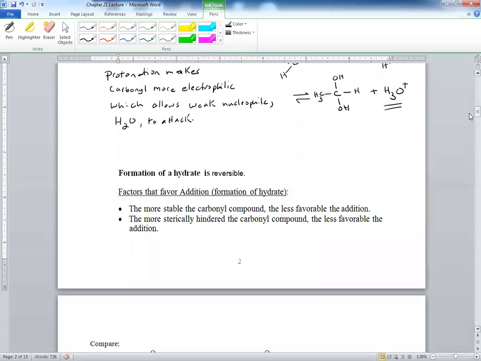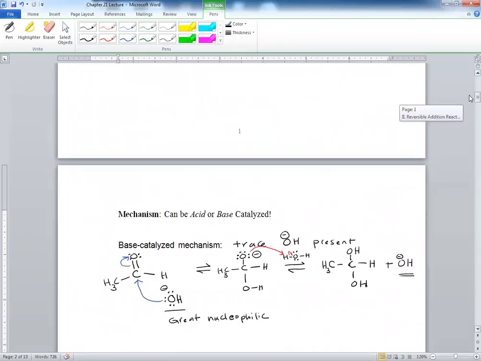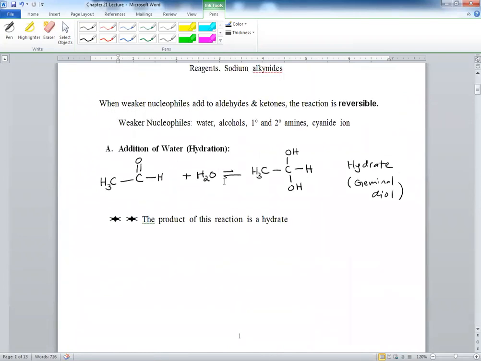Now we said before, and let me go back up here and say that the reaction favors the reactants right here, simply because the aldehyde is more stable than the hydrate.